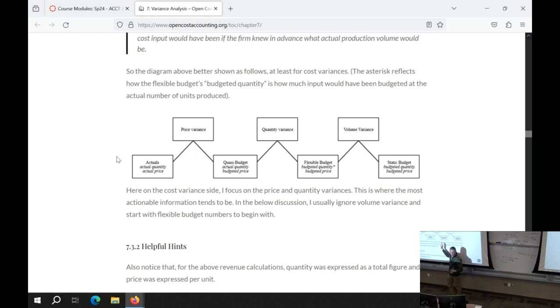Make sure you're not going crazy here. Also, if you line up the subtraction like this, this minus this gives you price variance, this minus this gives you quantity variance, and this minus this gives you volume variance. We have 32,000 minus 30,000. We have a positive 2,000. Positive numbers are unfavorable.